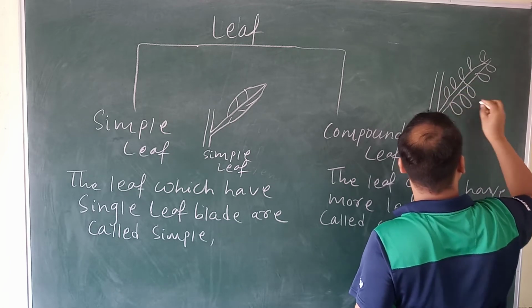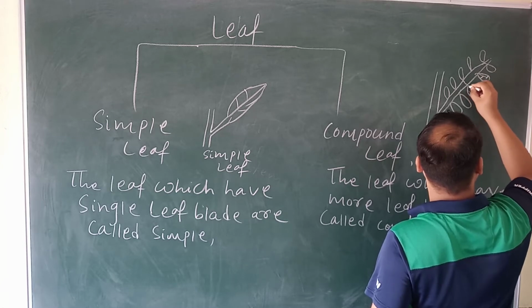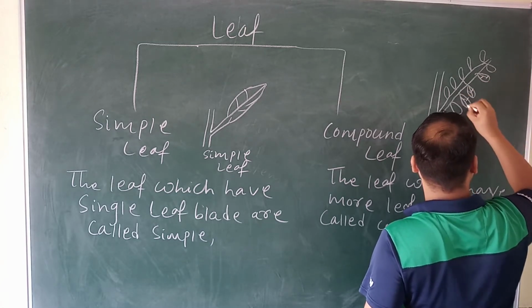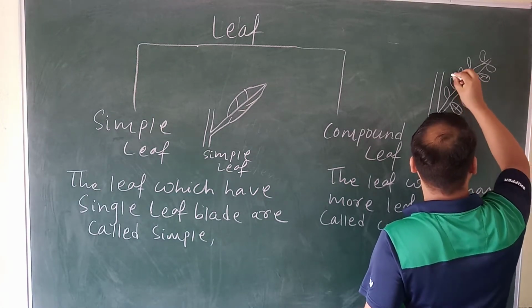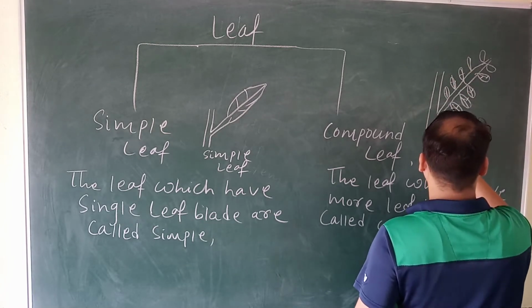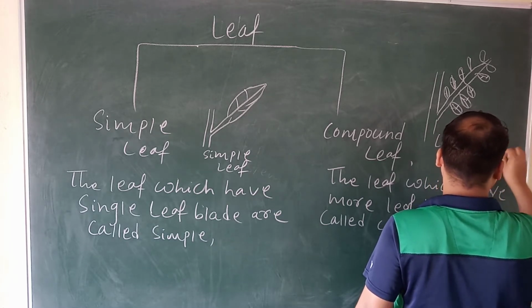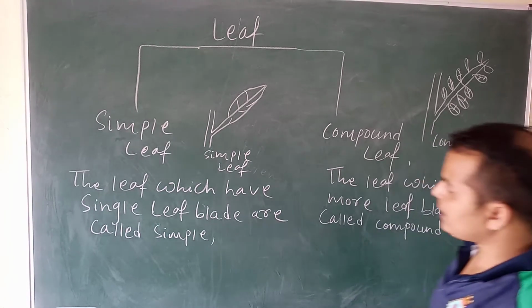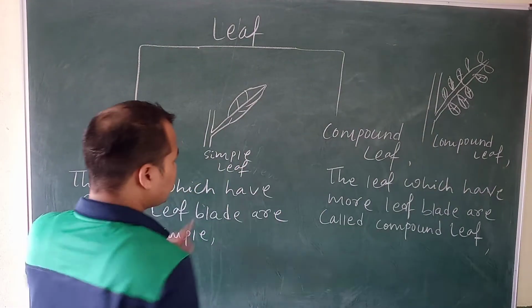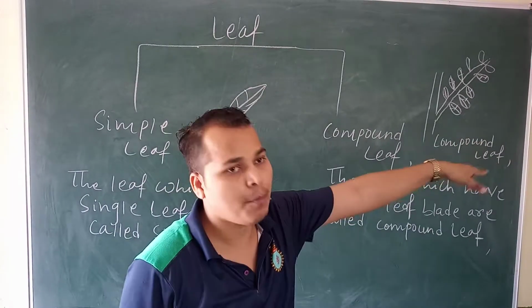From a main leaf, so many leaves you can find. So this is the compound leaves. This is the example picture of simple leaves, and this is the example of compound leaves.